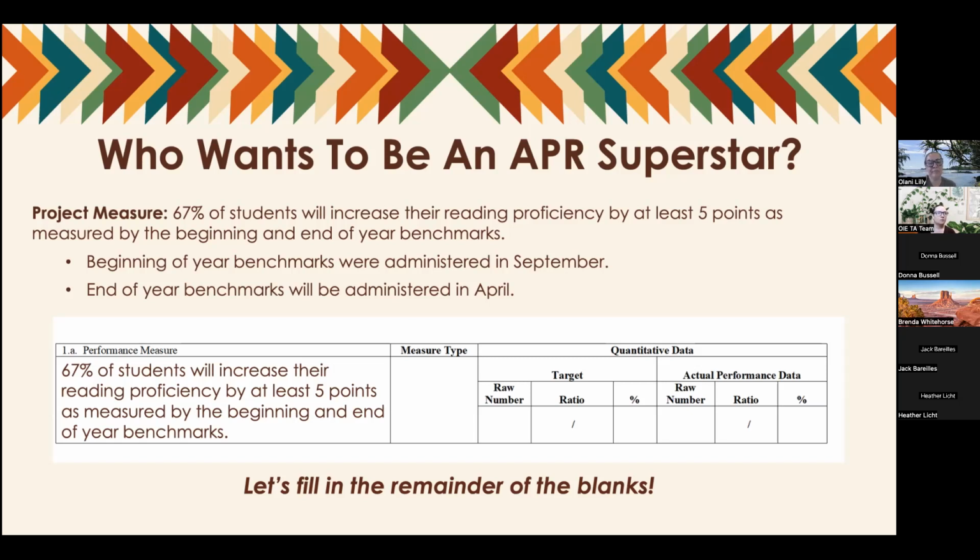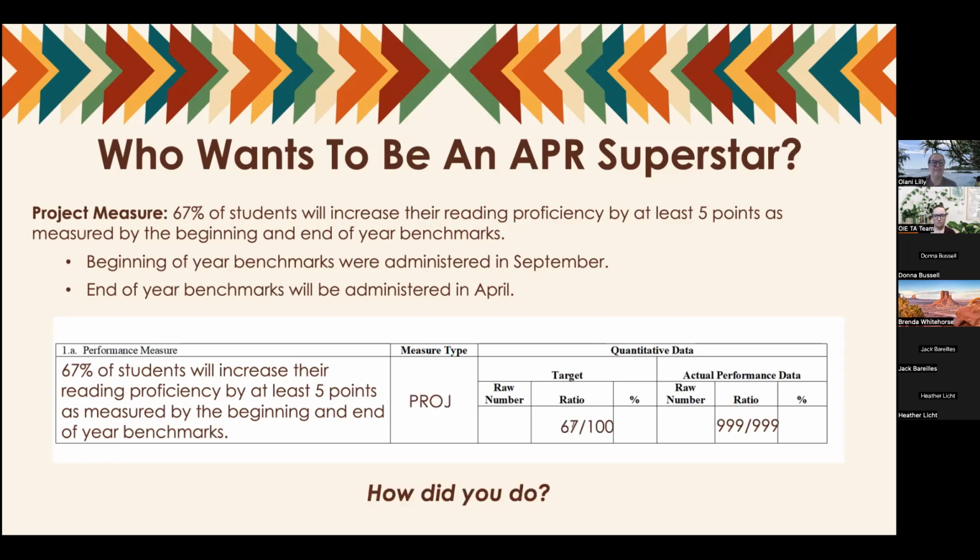So we would probably be reporting 999. Now, maybe we have some data collected already, and then we could go ahead and share the data that were collected already in our explanation of progress. Great job, our APR superstars.